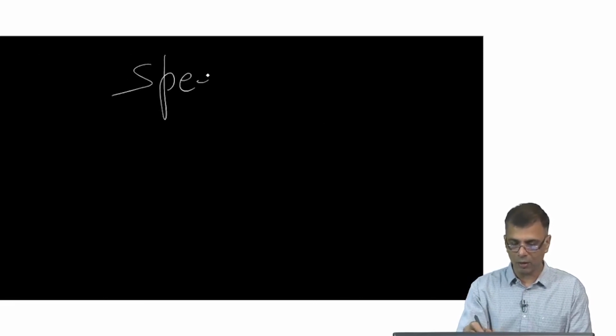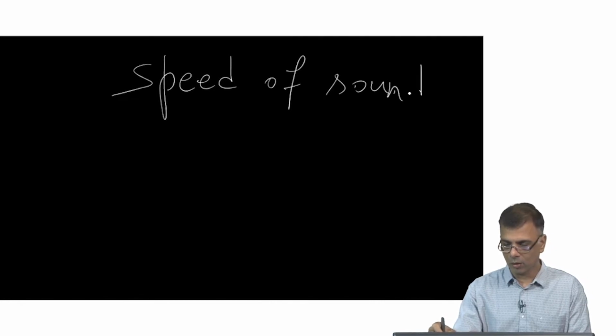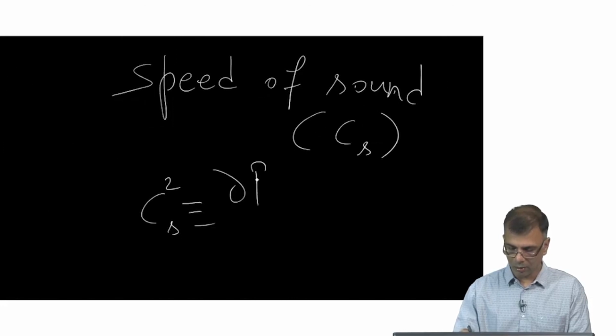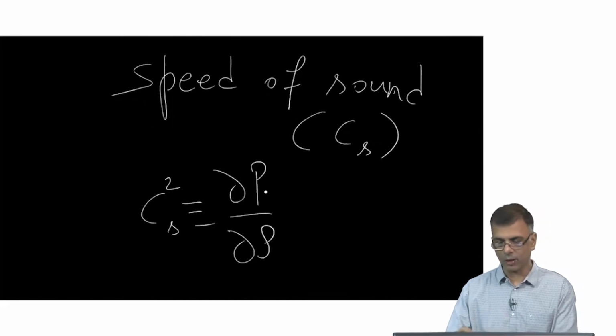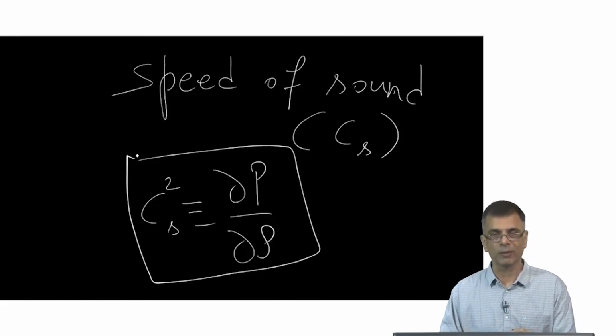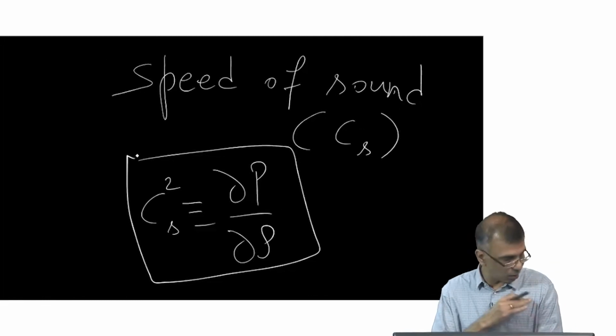You know that the speed of sound, generally denoted by C sub s, is given by the square root of P over rho, where P is the pressure and rho is the density, right? So we will derive this. We will see where this comes from. So that's our first goal.